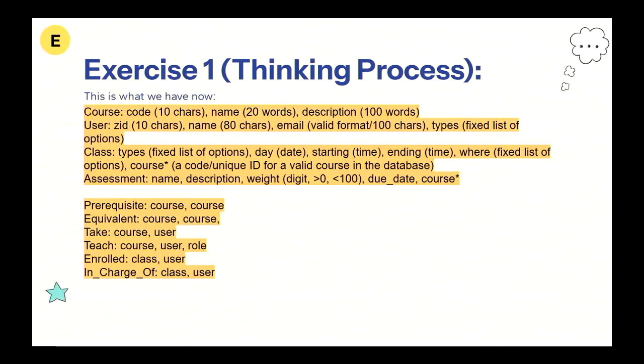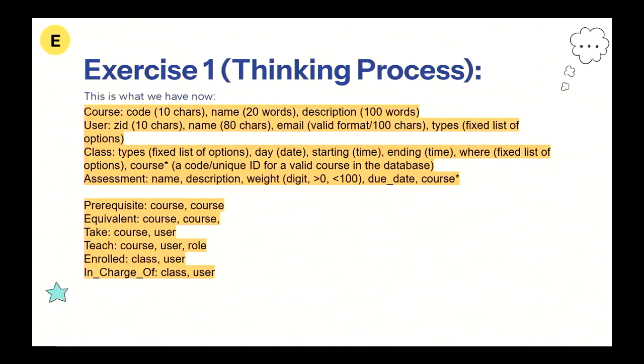This limitation is not only about the type of the attribute, it's also about the property of the attribute. The type of the first attribute is characters, and the second one is words. So there are two types of constraints for attributes. And for the description of a course, we can limit it to 100 words.